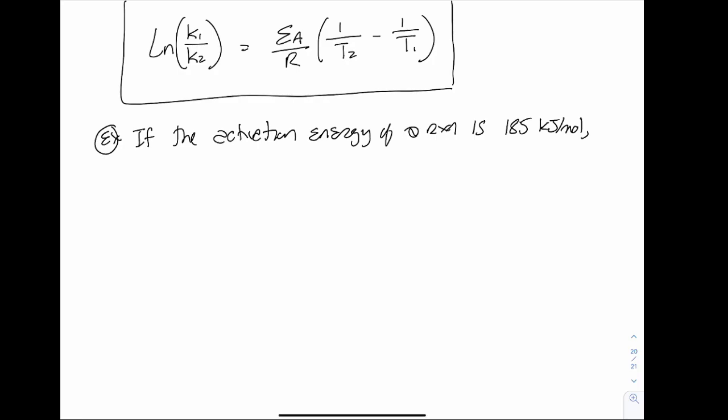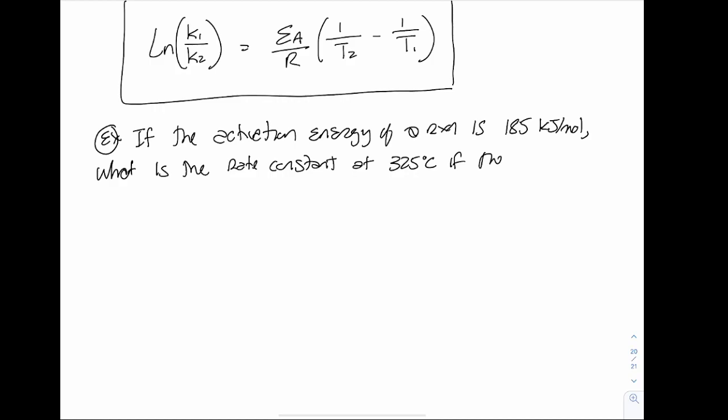We want to know what is the rate constant at 325 degrees Celsius if the rate constant is 3.52 times 10 to the negative 7th molar to the negative 1 seconds to the negative 1 at 555 Kelvin.